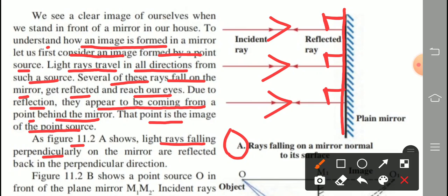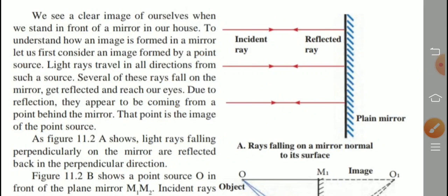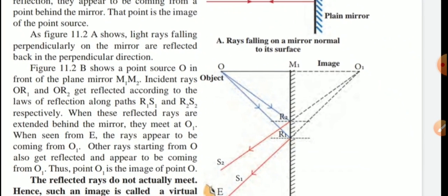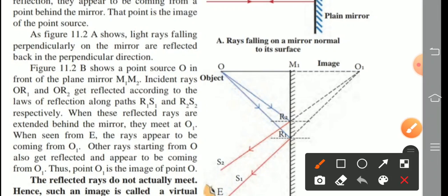So rays falling perpendicularly on the mirror are reflected back in a perpendicular direction, meaning in the same direction, because these incident rays fall on the mirror at 90 degrees. Clear? Next, that is shown in the figure also. As figure 11.2a shows, light rays falling perpendicularly on the mirror are reflected back in a perpendicular direction.